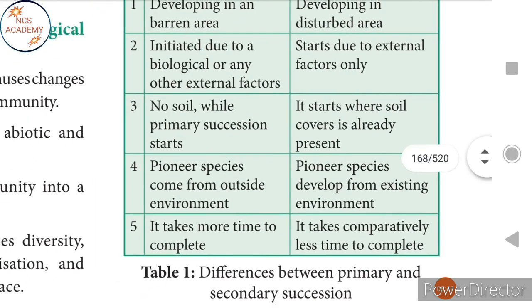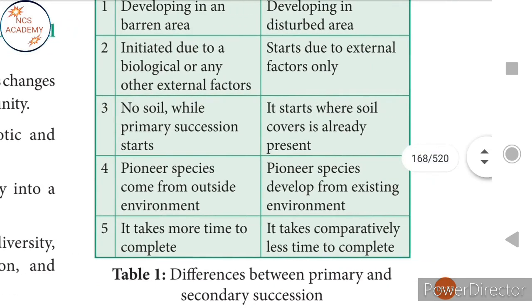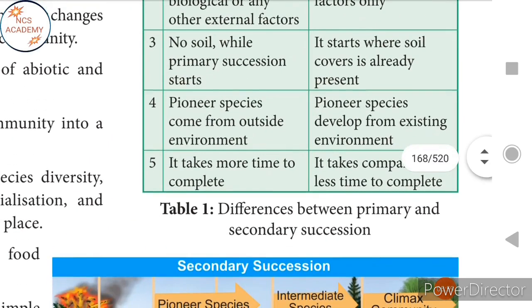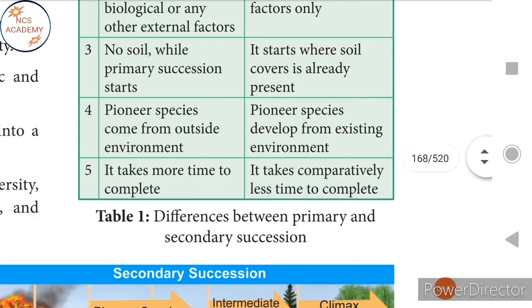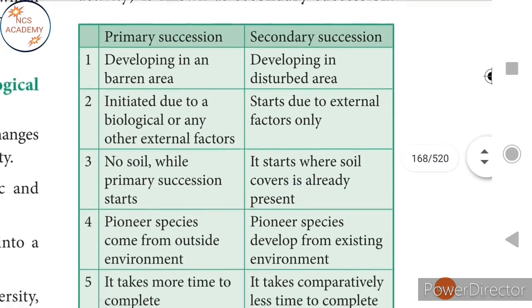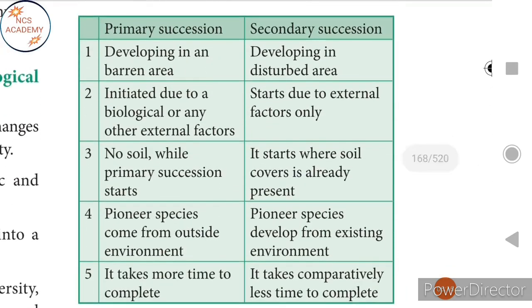Under primary succession, pioneer species come from the outside environment, but here pioneer species develop from the existing one. Likewise, primary succession takes more time to complete, but here comparatively less time. These are the main differences between primary succession and secondary succession.